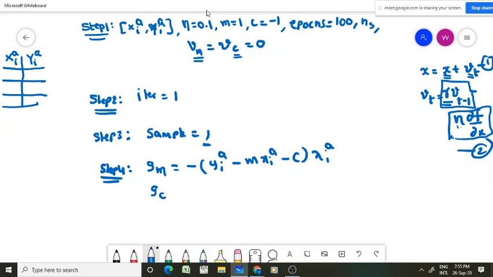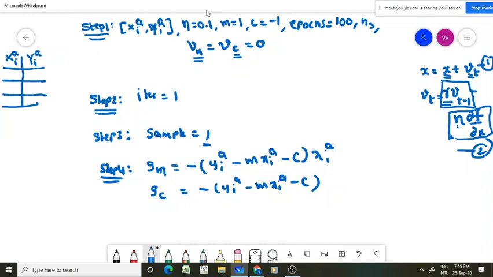So gc equals minus (yi minus m xi minus c). This will not come into picture here. So we are calculating the gradient of your cost function, loss function or error function, that is the mean square error, with respect to the model parameters m and c.